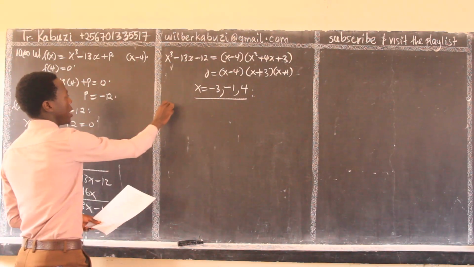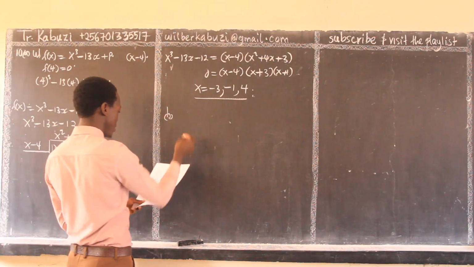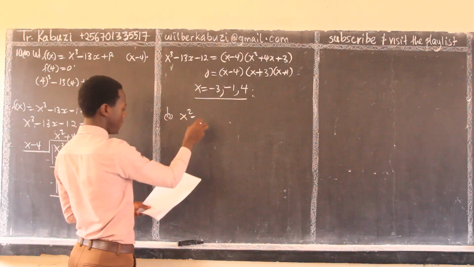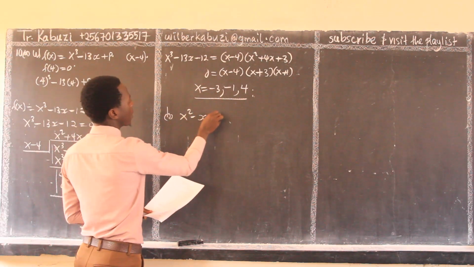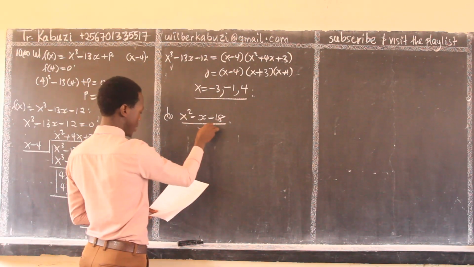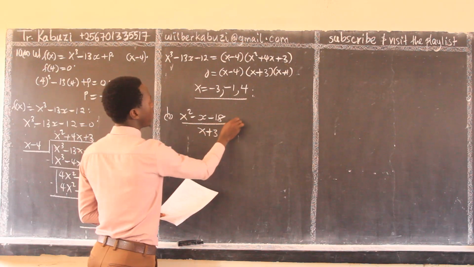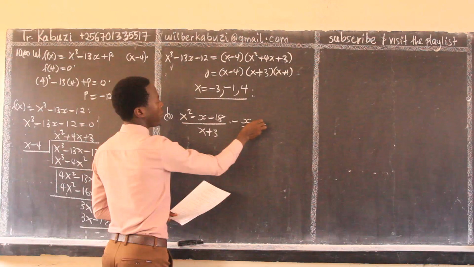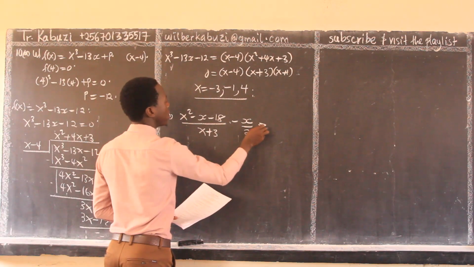When we come to part B, it was from inequalities. So we start by bringing the other thing to the left, over x plus 3, then minus x over 2 greater or equal to 0.